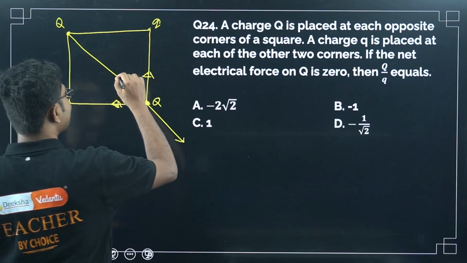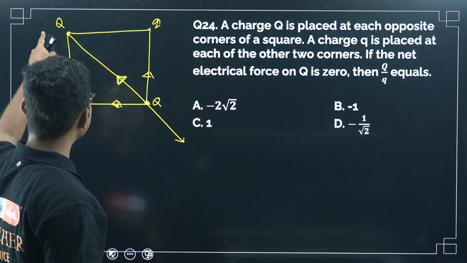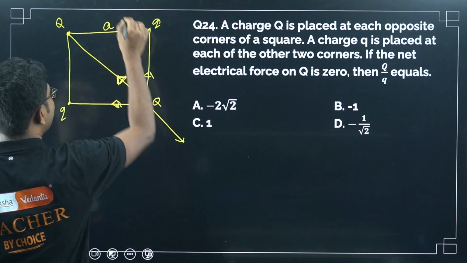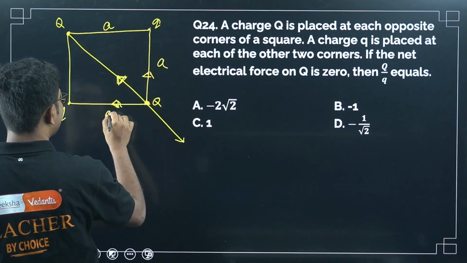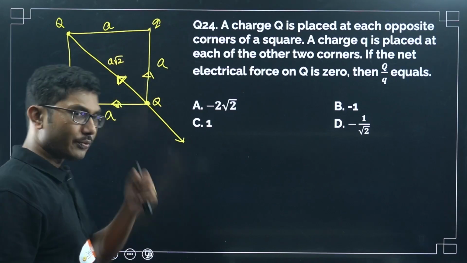So first let us find this force. Suppose this distance is a, this distance is a, this is a, so then the diagonal will be a root 2. We know that the diagonal of a square is a root 2.